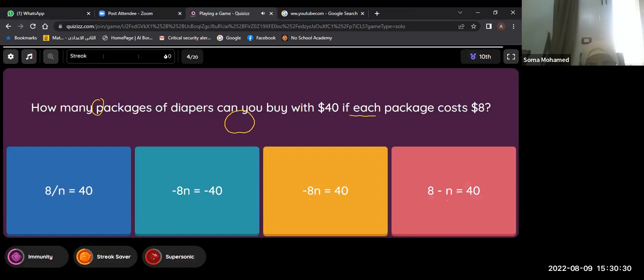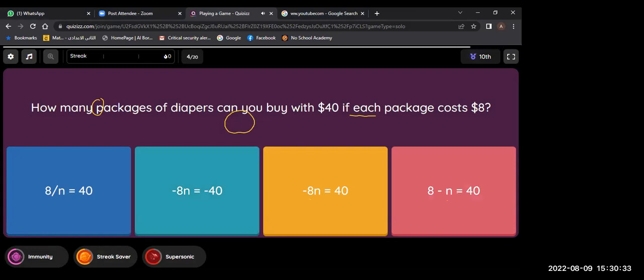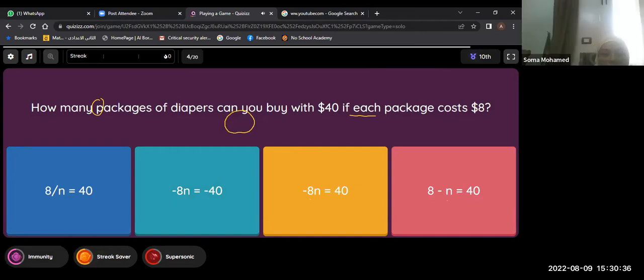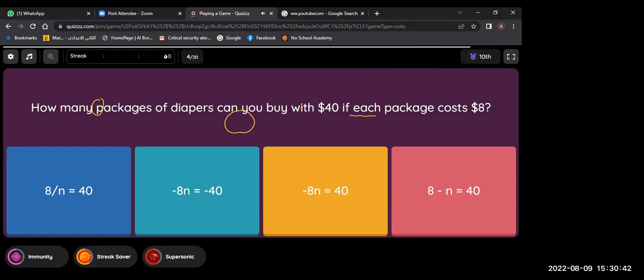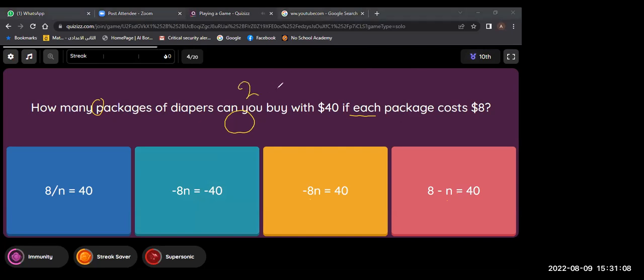Okay? Don't we do multiply or divide first and then the minus? No. If I have an example like this, 2x plus 3 equals 13.